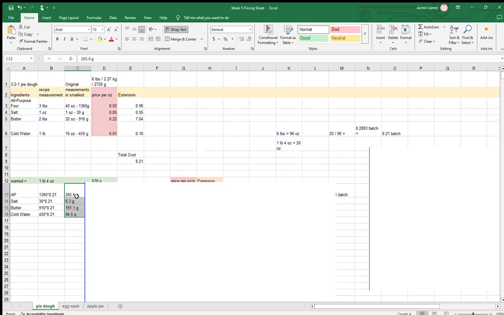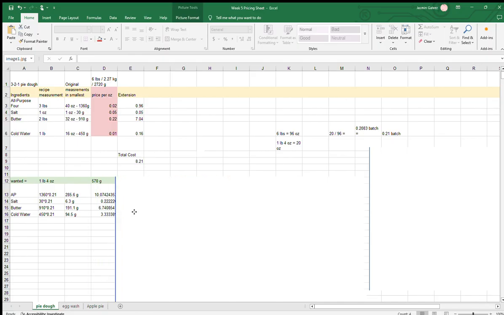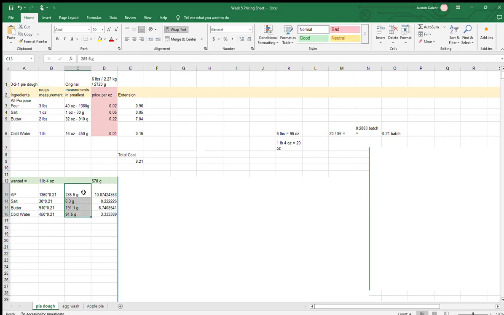What I did was have all of these grams after I converted them, and then convert them again into ounces. So 285.6 grams is equal to 10.07424 ounces, and so on and so forth. 6.3 grams is equal to 0.22222.